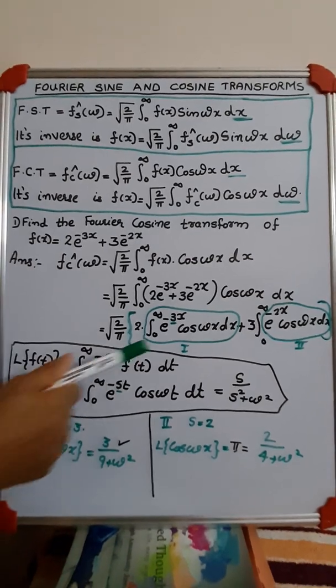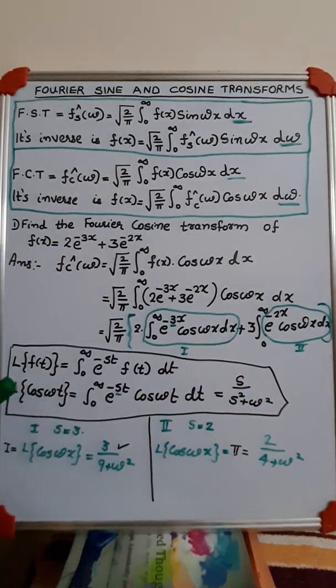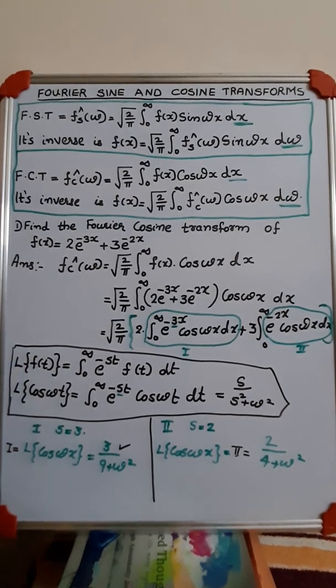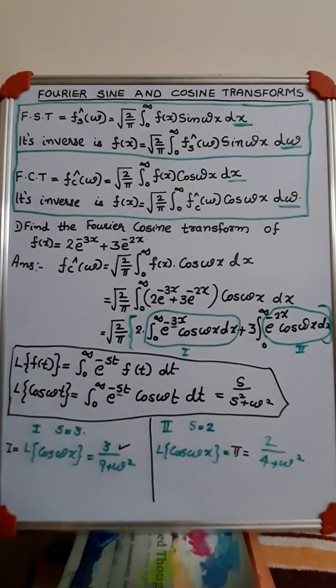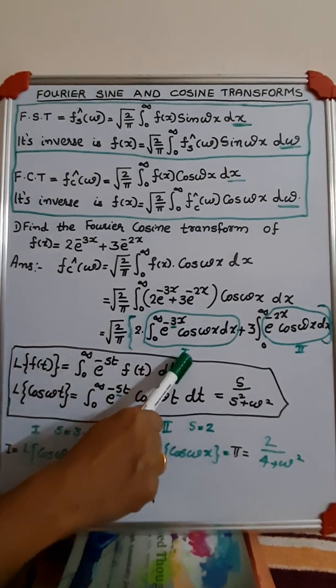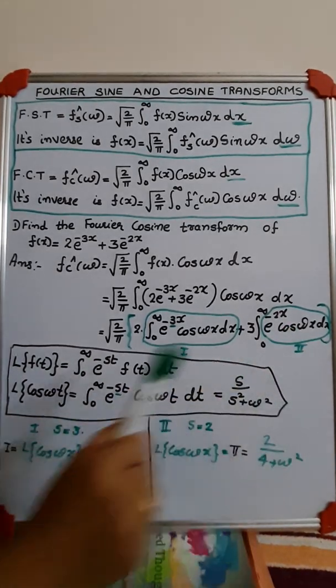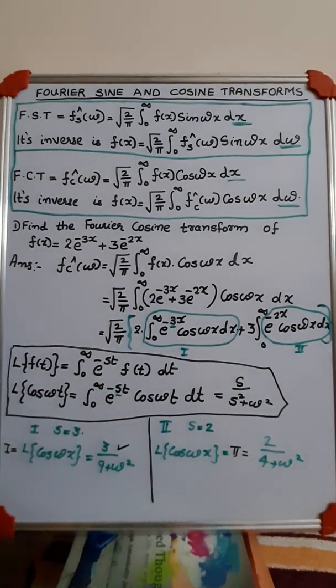So we can find the values of these two integrals without integration, using the comparison of Laplace transform. The first integral is 3 by 9 plus omega square and the second integral is 2 divided by 4 plus omega square.